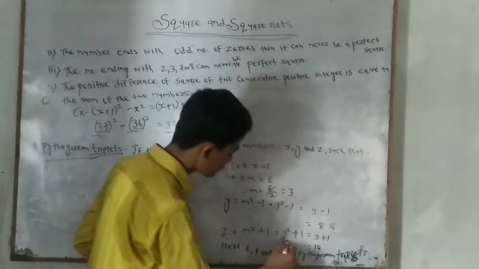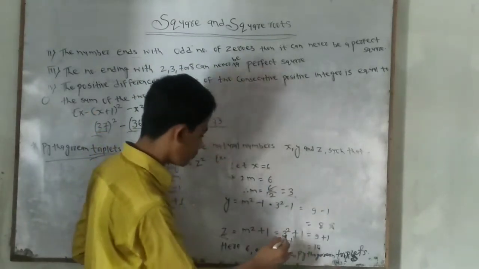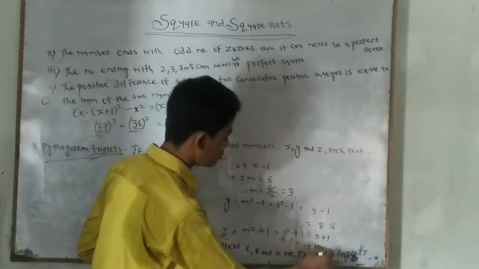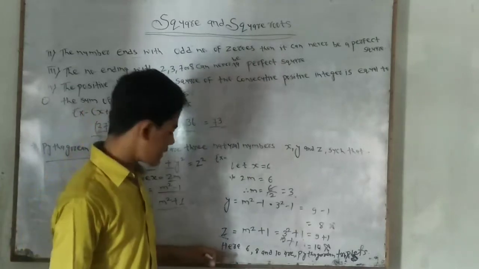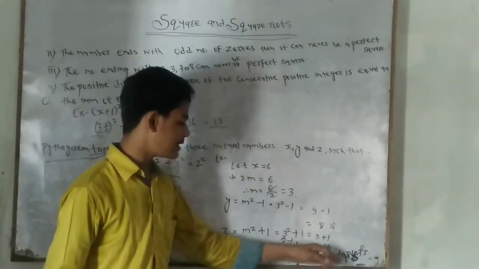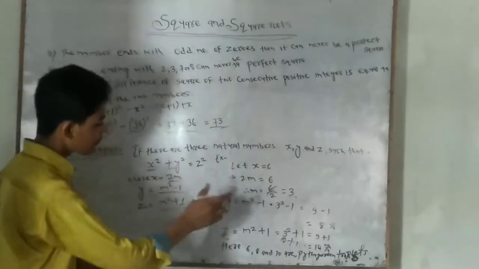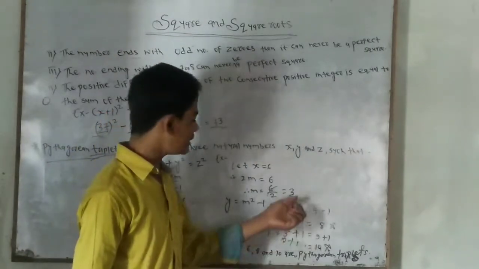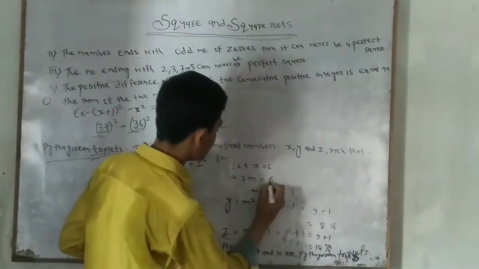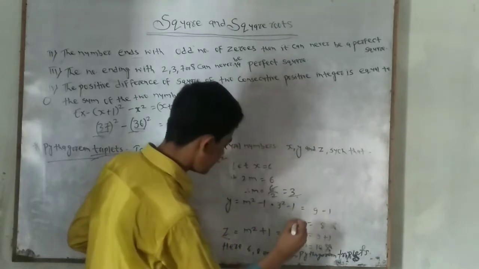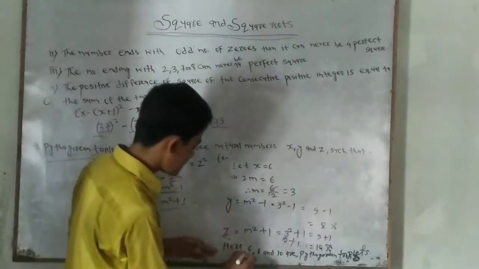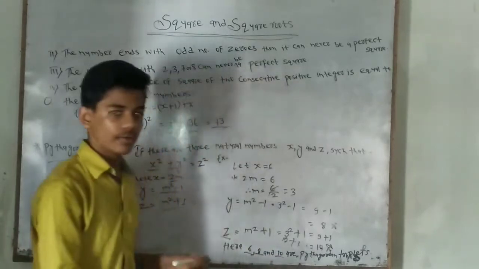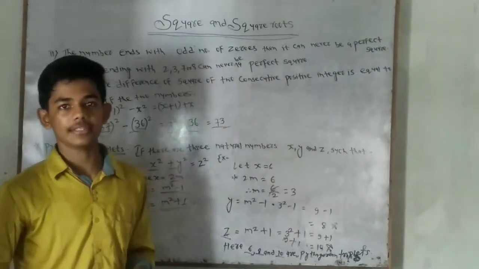Then 9 plus 1 is equal to 10. So at last we can say that 6, 8 and 10 are Pythagorean triplets. Now if one asks what the triplets are, they will be 6, because 2m is there, 6, 8 and 10, the Pythagorean triplets.